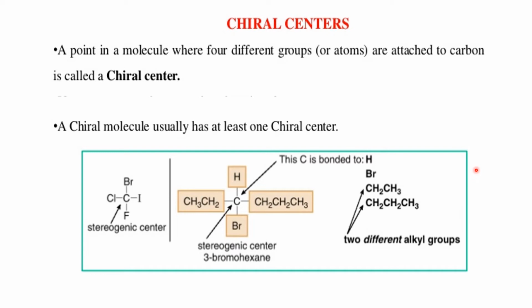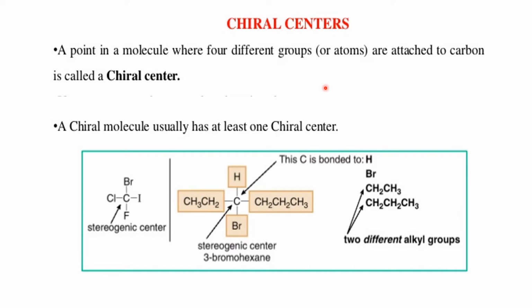Now moving to the details of optical isomerism, we have to think about chiral centers. It is a point in the molecule where there should be a carbon atom and four different groups or groups of atoms attached.